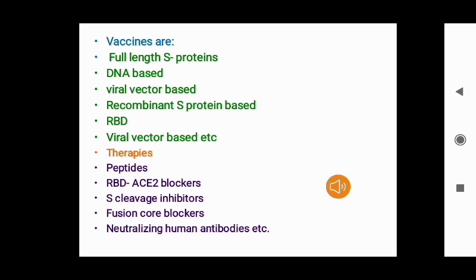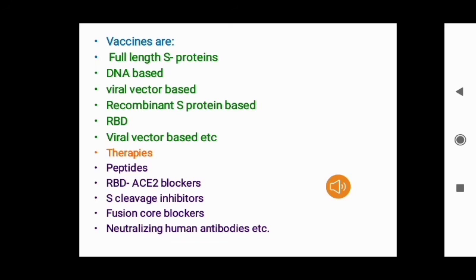After that, there are some therapies which are applied against COVID-19. Number one is peptide. This is one of the therapies. The advantage of this therapy is that it inhibits virus infection by preventing S protein mediated receptor binding and blocking viral fusion and entry. But the disadvantage is that it has a low antiviral potency.